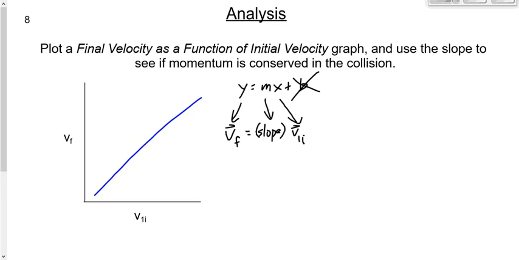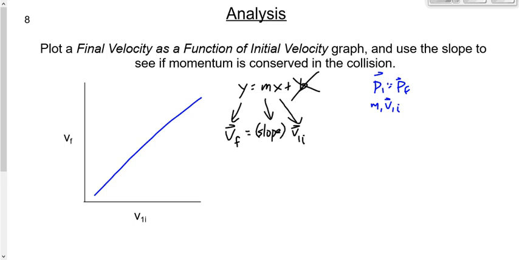Then you're going to come up with an equation that has those two variables in there, Vf and V1i. You're not going to find one on your data sheet. It's going to come from this: m1 v1i plus 0, because the second object is at rest, right?